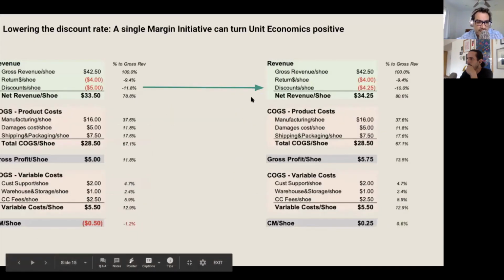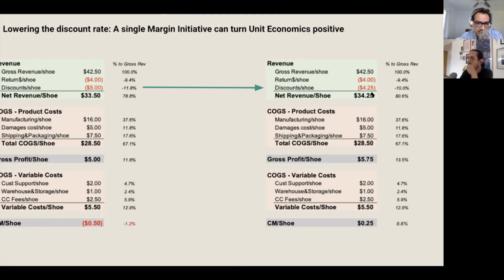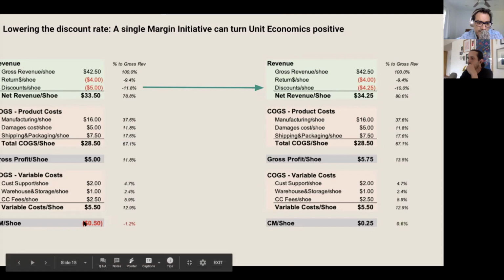And here you can see that example, right? Everything else is exactly the same except the discounts per shoe from $5, 11.8%, down to $4.25, 10%. And that 75 cents flows all the way to the bottom, so that instead of losing 50 cents per order, we're now making 25 cents per order, right?